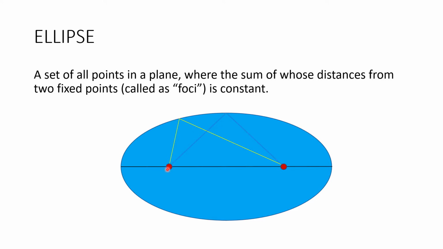So the sum of these two yellow lines will be the same as the sum of the two blue lines. As well as if we form another two lines where the two will intersect at a point along the ellipse, the sum of their distances is also the same as the other two.